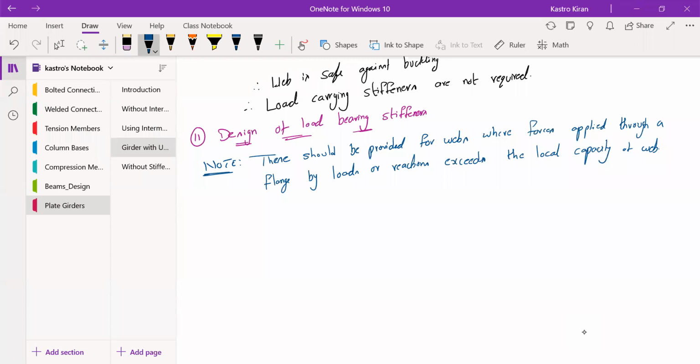So how will you find out this one? In order to find out, you have to refer to clause 8.7.4.